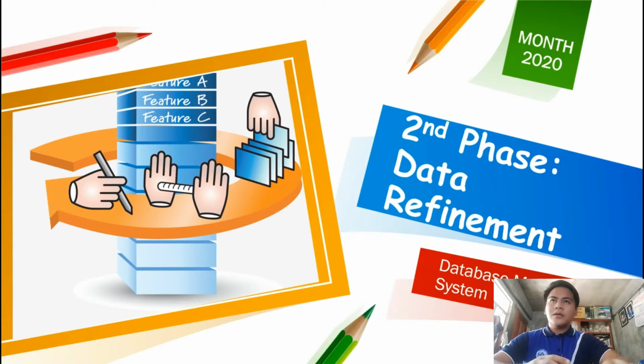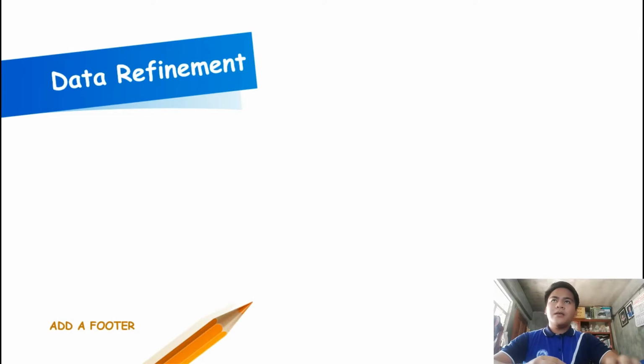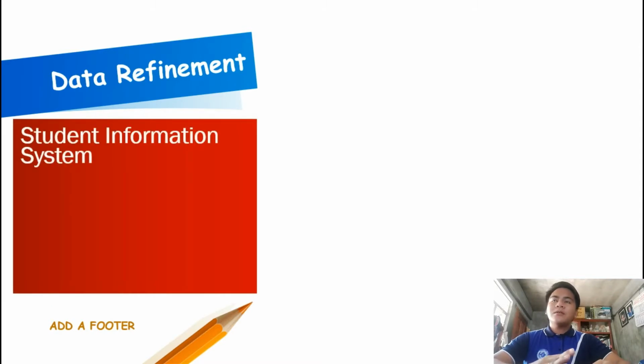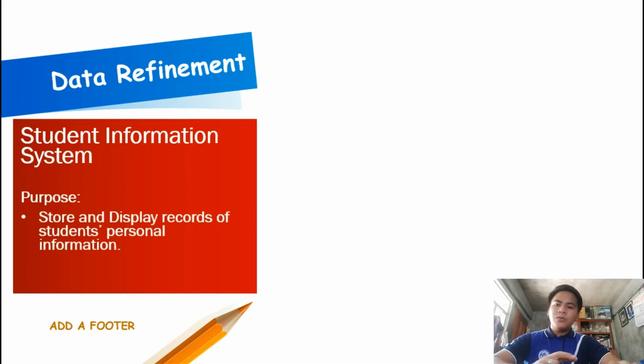So I have here some examples that we can do for our database. For example, we are going to create a student information system. So that is the title of our database, student information system. Now, for the first phase, we are going to identify the purpose of the database first. I come up with two purposes.